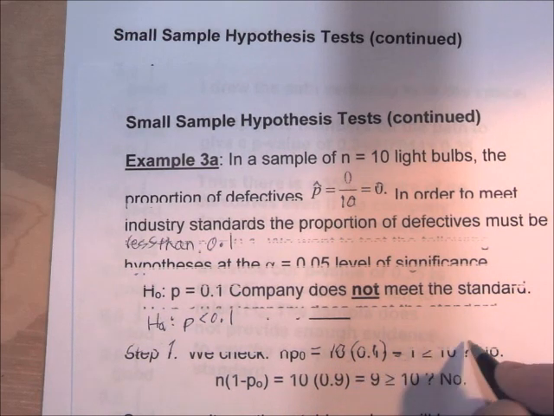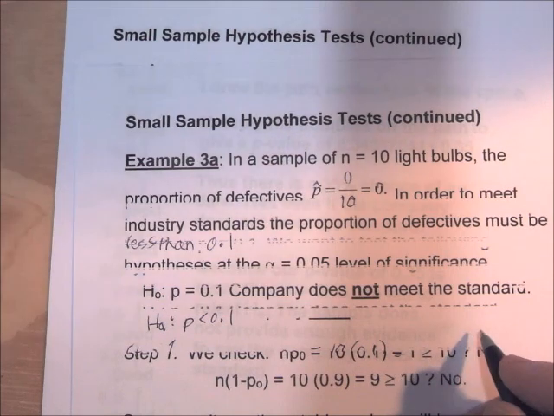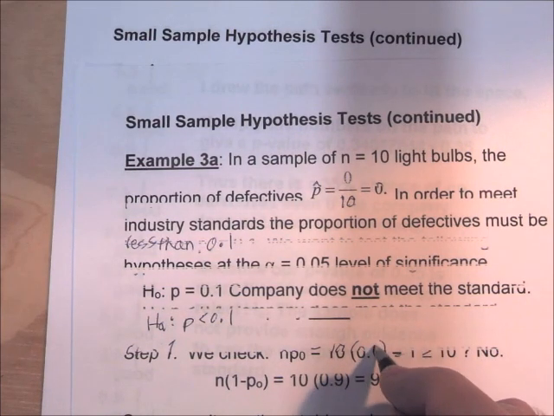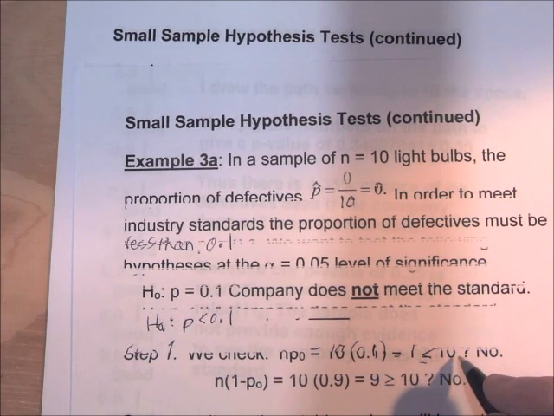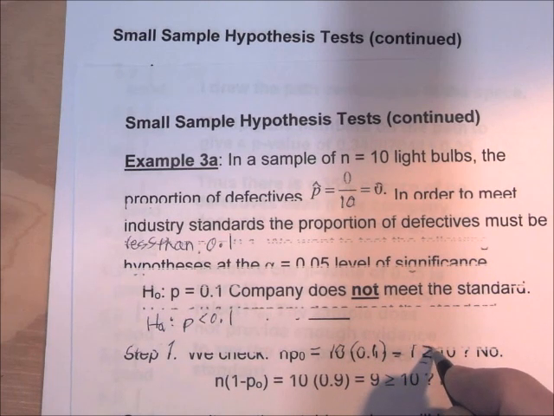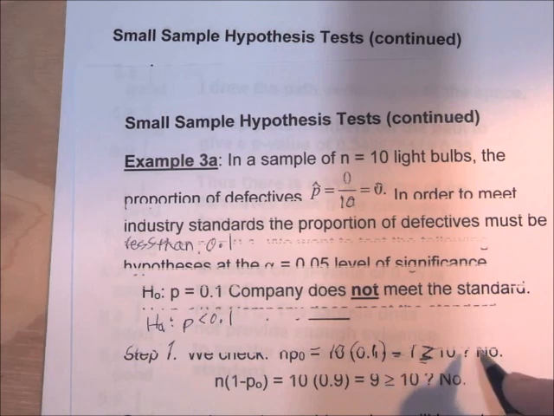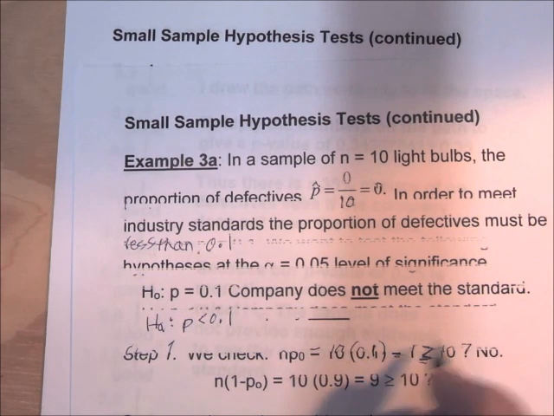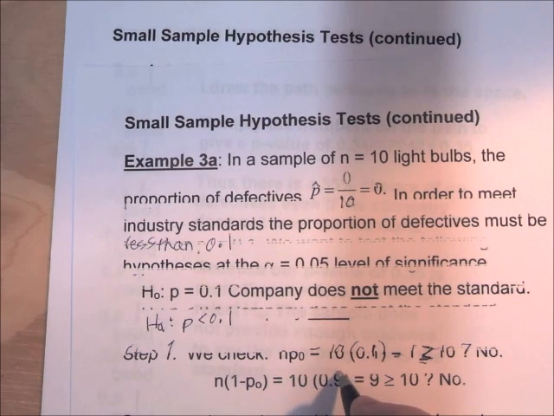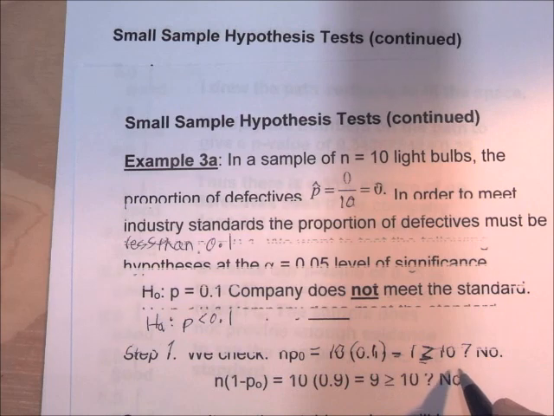And that's going to be 1, and that's not greater than or equal to 10. So that's a no. And then n times 1 minus p0, it's 10 times 0.9 is 9, that's not greater than or equal to 10. So that means that we can't use the z-table, and we'll have to use a tree.